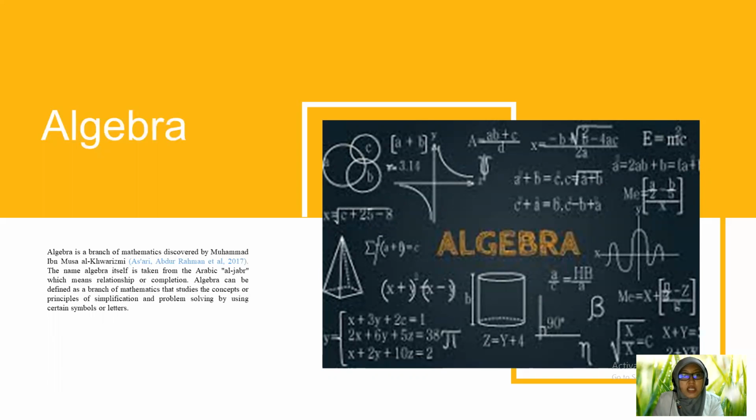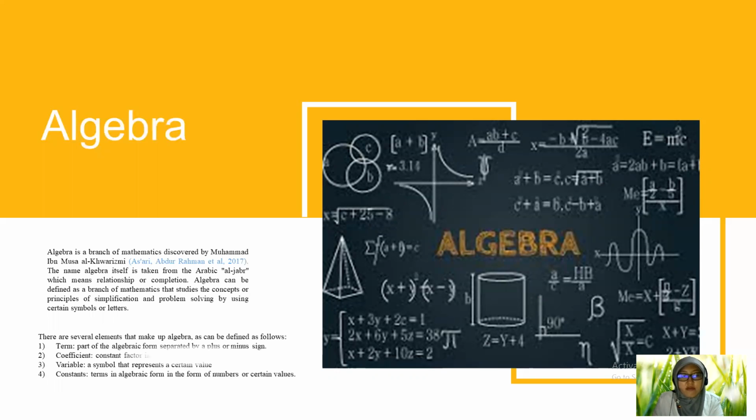Algebra can be defined as a branch of mathematics that studies the concept of principle or simplification and problem solving by using certain symbols or letters. There are several elements that make up algebra, which are term, coefficient, variable, and constant.